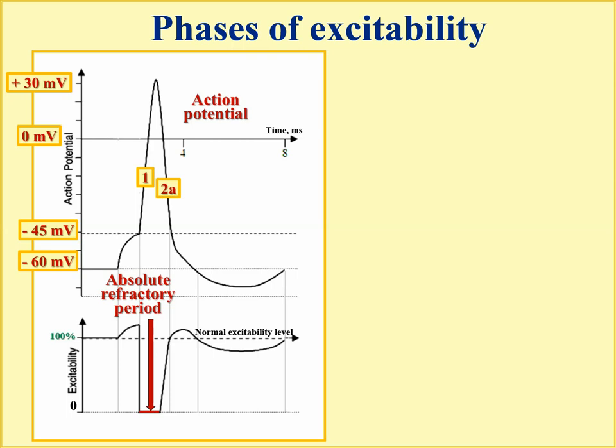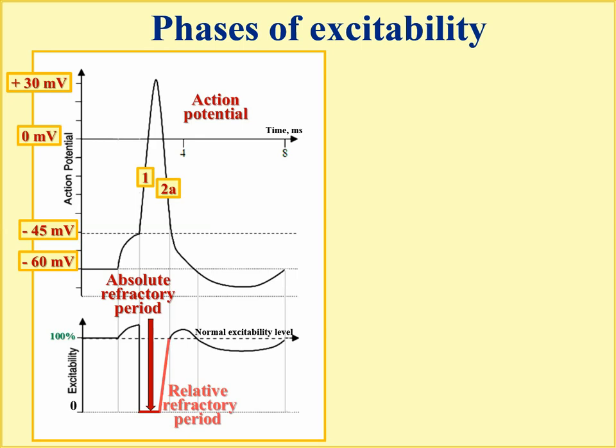Then from the peak we begin the initial portion of the repolarization, and during this moment there is a restoration of the initial gates' position, and the channels are in the process of reactivation. It results in the relative refractory period, which is restoration from 0 to norm. Correspondingly, during this phase, excitability is less than normal, but not 0. So we call it the relative refractory period.